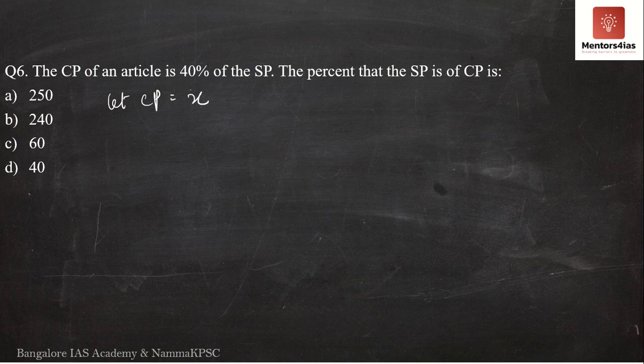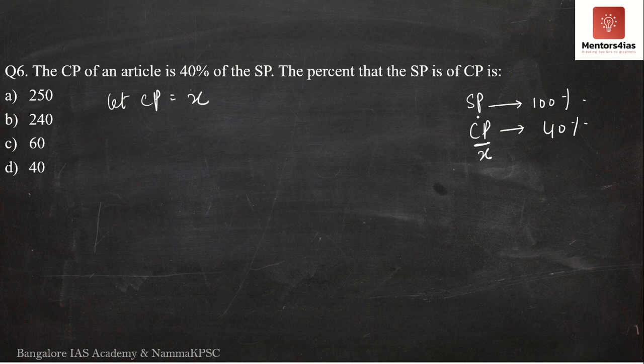Since the question itself says the cost price is 40% of the selling price, if selling price is 100%, then the cost price is 40%.